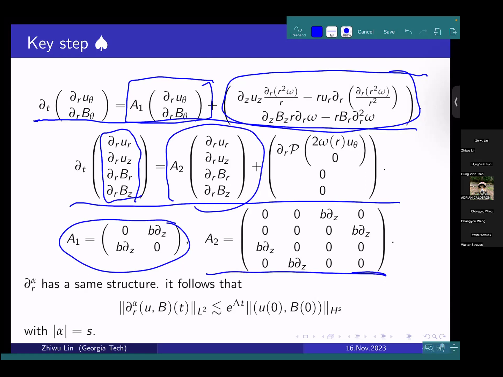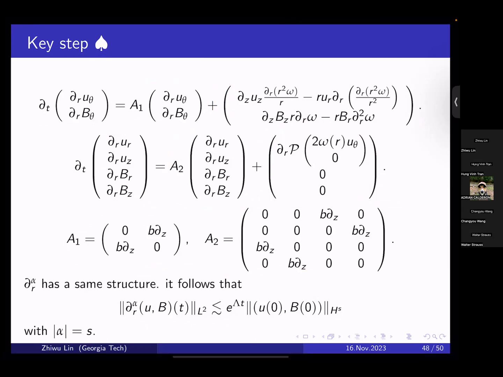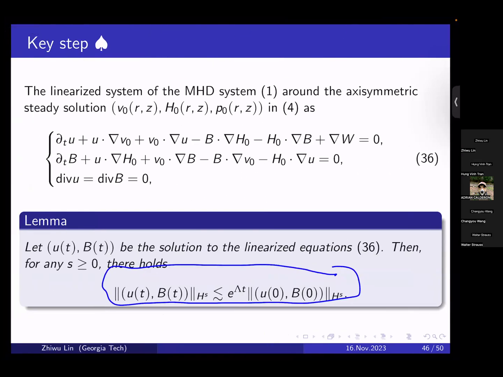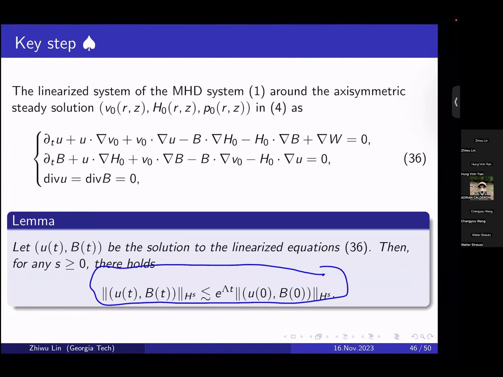So again, by the Stone theorem, and by using the already established growth estimate for partial_r u_theta, we can get the growth estimate for the r derivative of any order. You just do these things repeatedly. Then eventually we can prove that for the linearized MHD equation in any H^s space, you do have the desirable upper bound growth, controlled by e^(lambda t), where lambda is the maximal growth rate from the linearized equation.